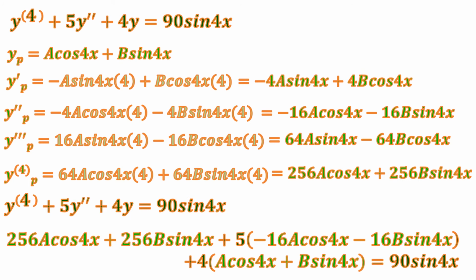For the y4, we have 256a cosine 4x and 256b sine 4x. For the y double prime, we have negative 16a cos 4x and negative 16b sine 4x. It will be multiplied by 5. And for the y, negative 4a sine 4x plus 4b cos 4x, it will be multiplied by 4 based on the given. So we actually didn't use the y triple prime and the y prime because they're not given.